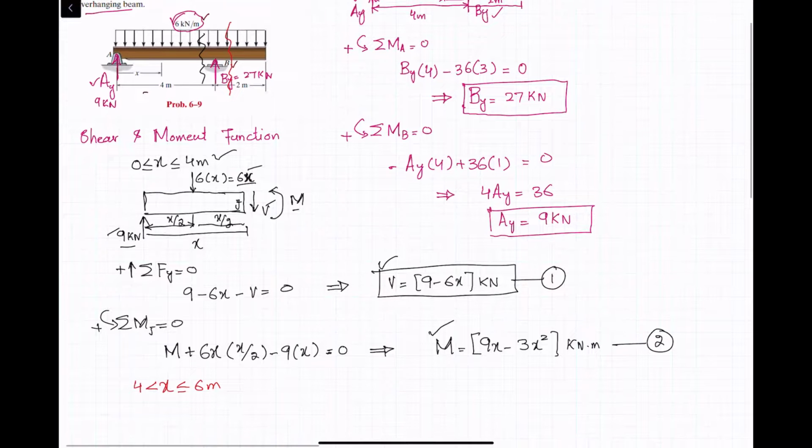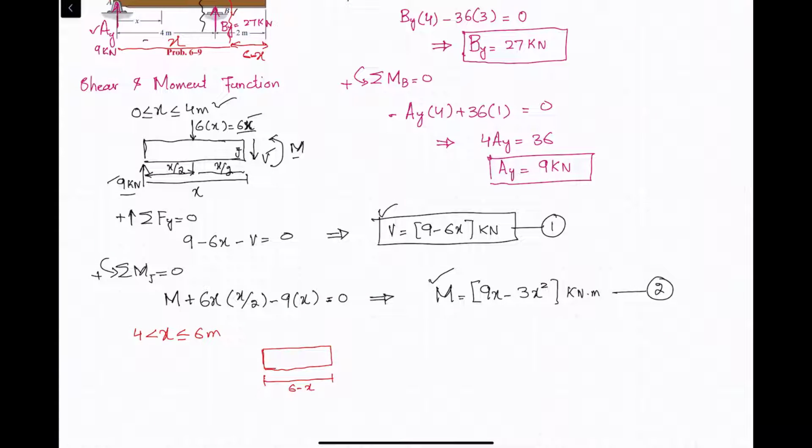So whenever you cut the beam, I will draw the free body diagram. So this is the length. Clear. Now this total length is x. Clear. So this remaining distance will be equal to 6 minus x. So this is the length which is 6 minus x.